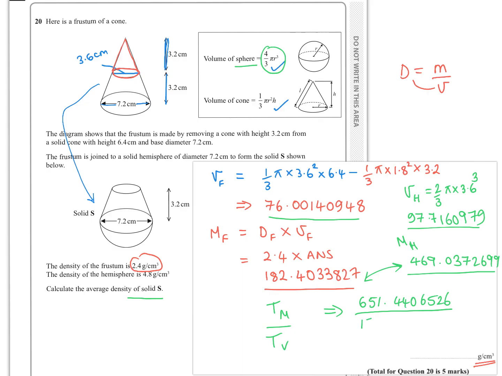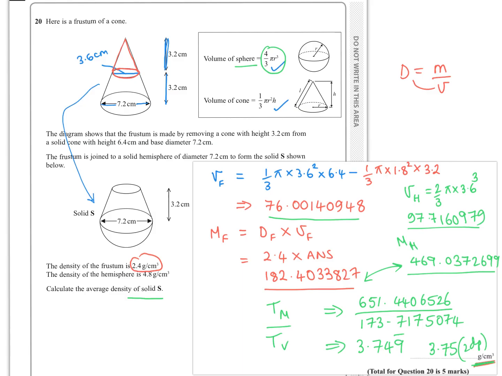So that's going to be 173.7175074. And then if I do those one divided by the other, that's going to give me 3.749 recurring, which I'm going to write as 3.75, to 2 decimal places, and that's in grams per centimetre cube, which is already given.